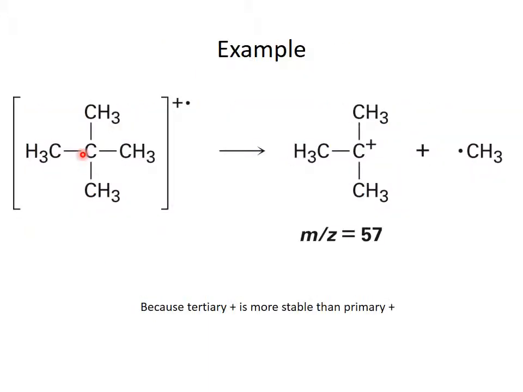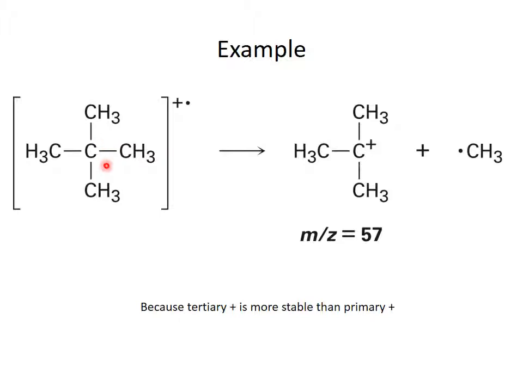Here's an example. If I have 2,2-dimethylpropane and I put it into a mass spec, it's going to make this molecular ion. What can it do? Well, one of these bonds can cleave off. When it cleaves off, it's going to separate right here. Where would you put the free radical?